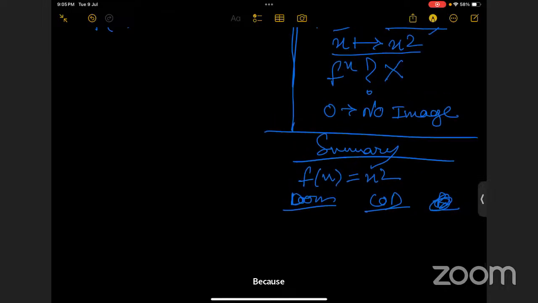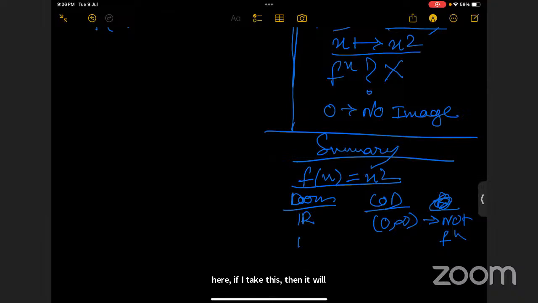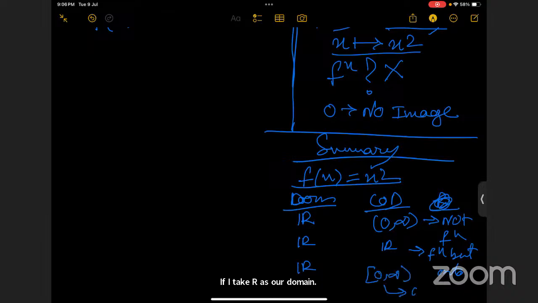For this function, if I take R and here if I take this, then it will not be a function. If I take R again, then it will be a function, but not onto. If I take R as our domain and 0 infinity as our codomain, then it will be an onto function, right?